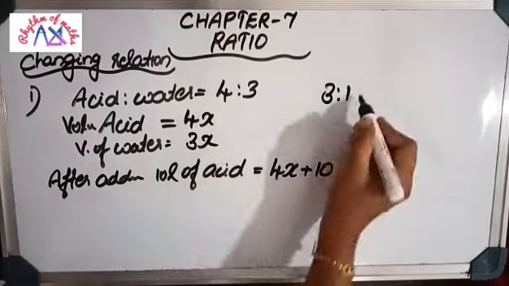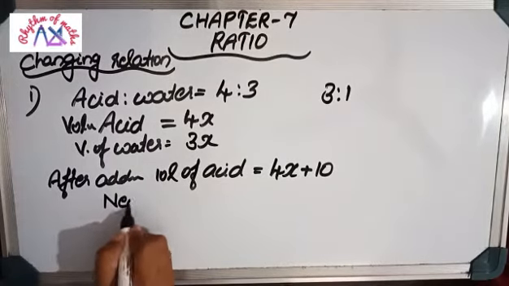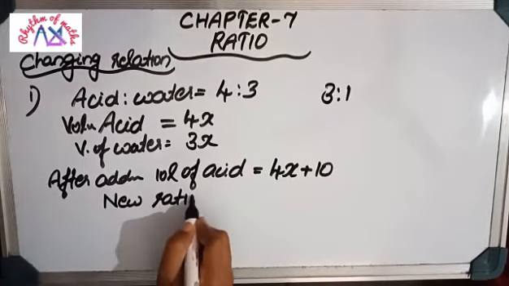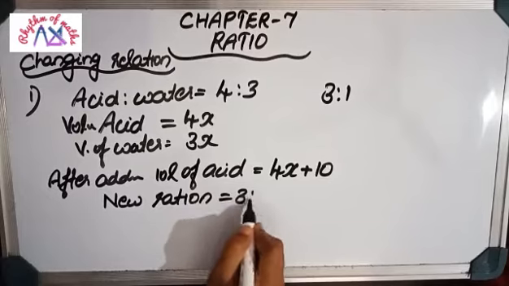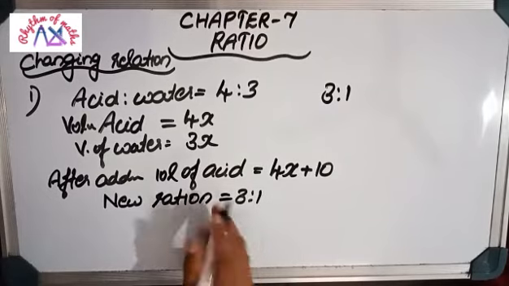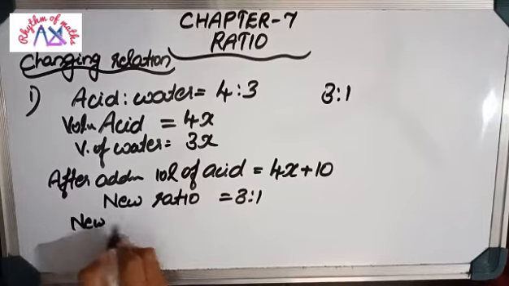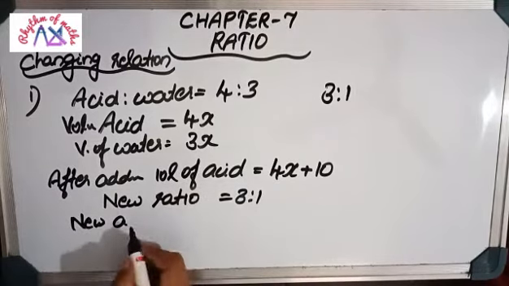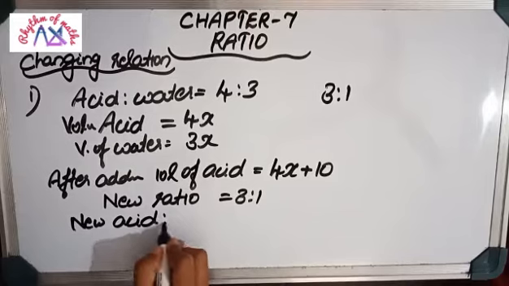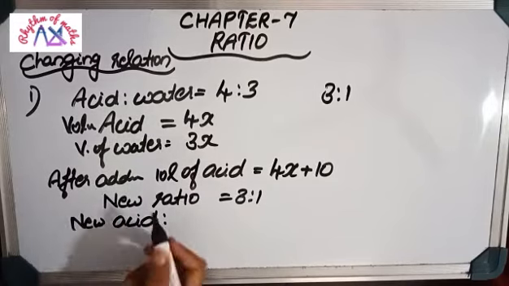Now the new ratio is 3 is to 1. The new ratio is already given, that is 3 is to 1. So new ratio means the new acid ratio, because the acid quantity changes. So new acid is to water, there is no change in water.